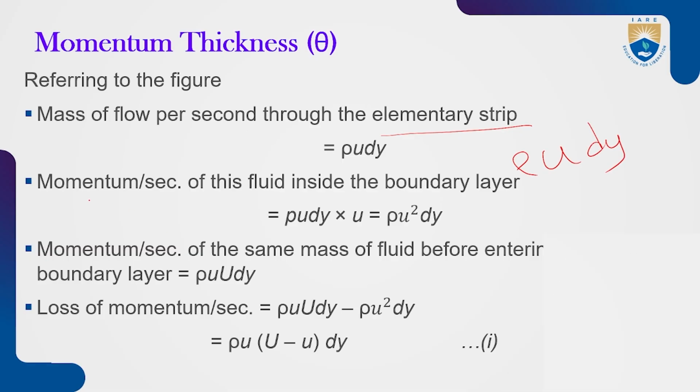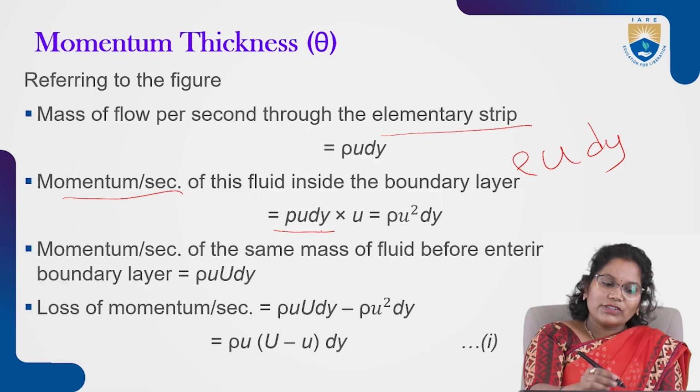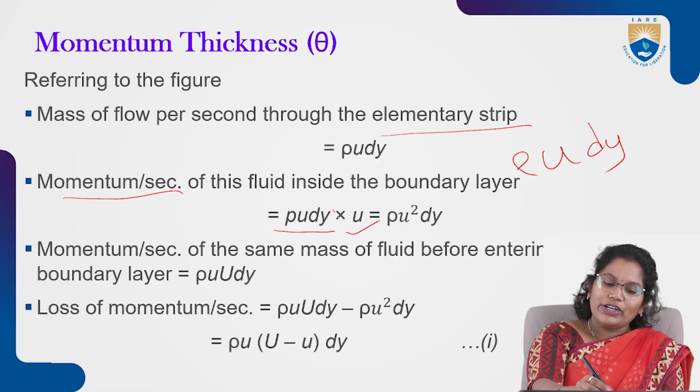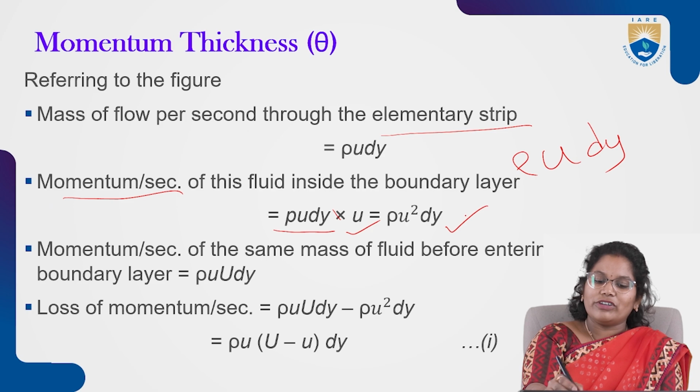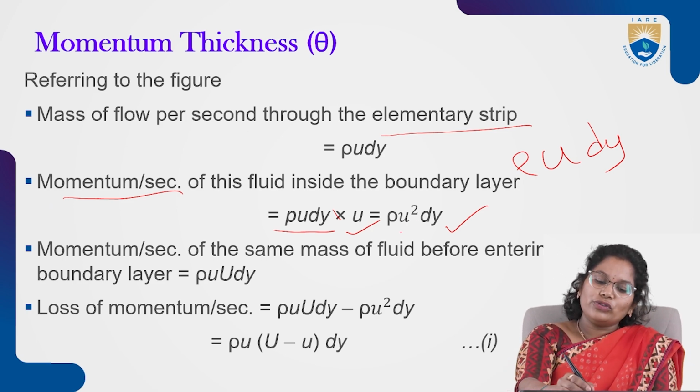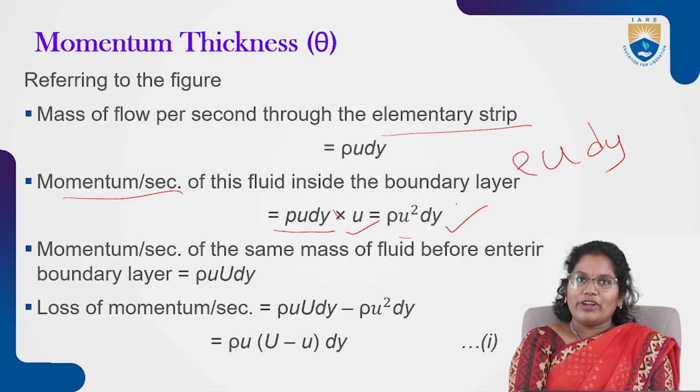Now we have to calculate momentum. Momentum is mass flow rate into velocity. Rho u dy into small u gives rho u square dy. The momentum is rho u square into dy.